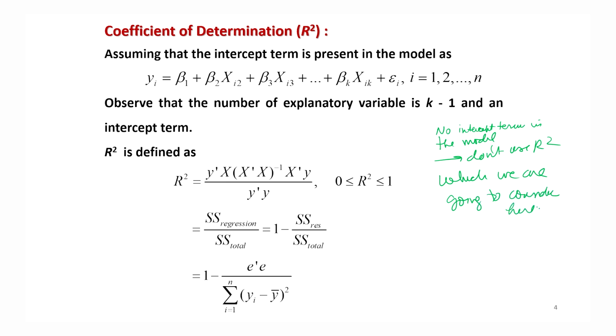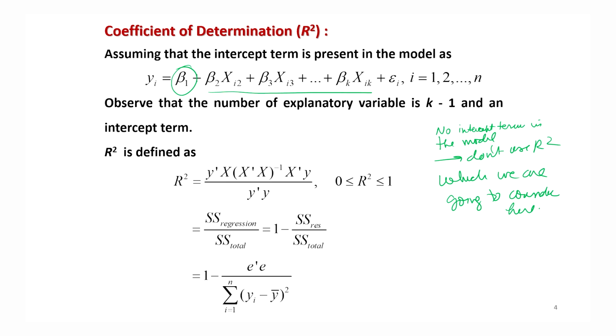This R square definition is valid only when there is an intercept term in the model. Otherwise, you have to use something else, right. So we are assuming here that there is an intercept term in the model, and then we have k-1 variables x2, x3, ..., xk, right.